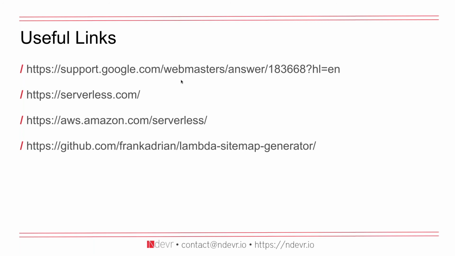We actually use Serverless, so if you want to check that out, it's pretty useful to get things done quickly. And some documentation on AWS serverless, and the GitHub repo we actually started our whole Lambda function from.